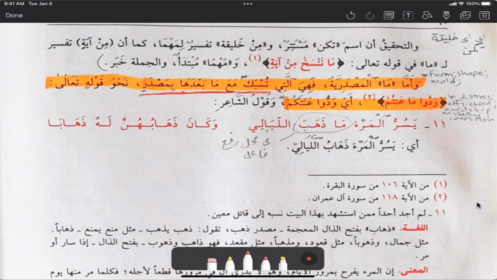Now take this example he gave us here. يَسُرُّ الْمَرْءَ مَا ذَهَبَ اللَّيَالِي. So it looks like, to someone like me, that it's saying it pleases the person. يَسُرُّ الْمَرْءَ. It pleases the person. What? مَا ذَهَبَ اللَّيَالِي. So that looks like what is pleasing the person. What?